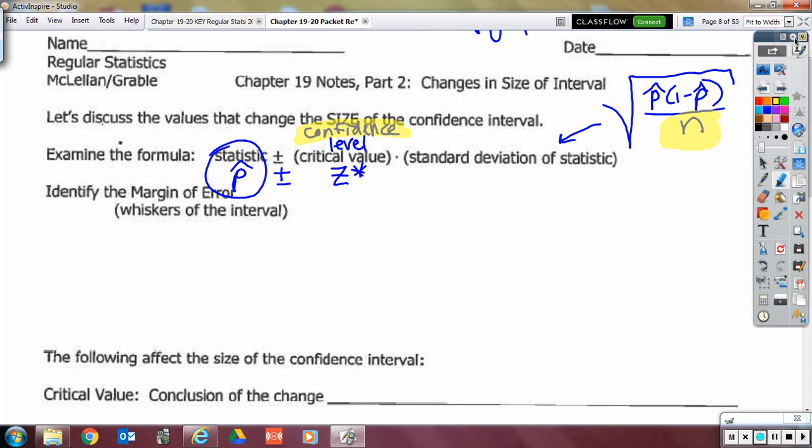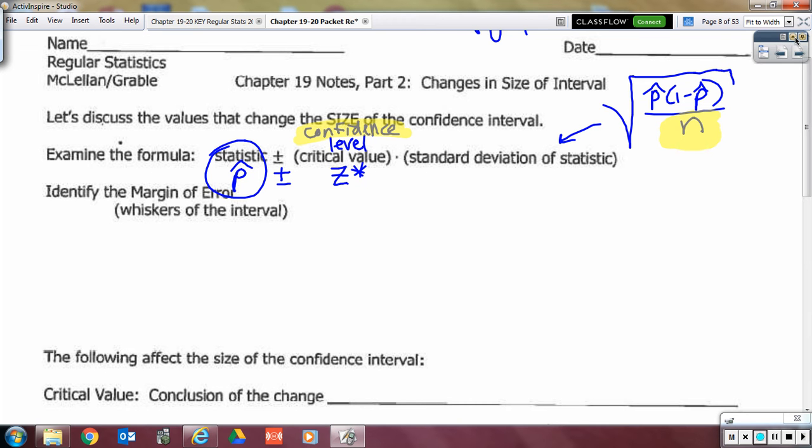All right, so let's go ahead and go forth with this. The first thing is we want to identify the margin of error. Remember, that's those whiskers. Remember when we made our little intervals over there on the board? That was your p hat, and that's what you got. And then you went your margin of error up and your margin of error down. So you went your positive margin of error up and your negative margin of error down.